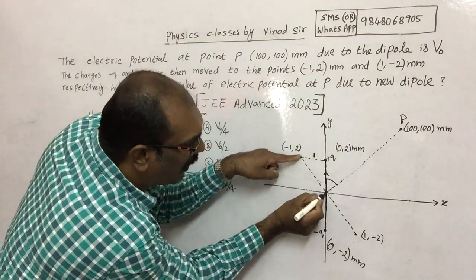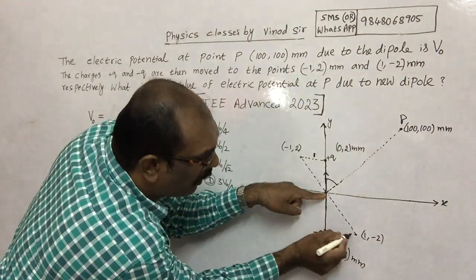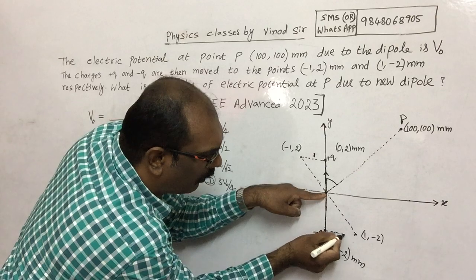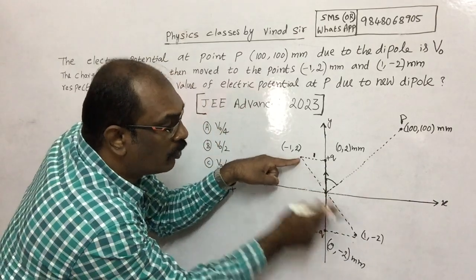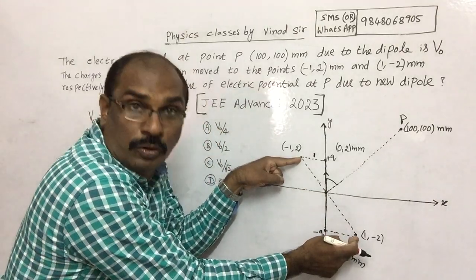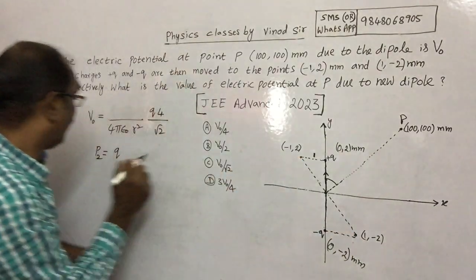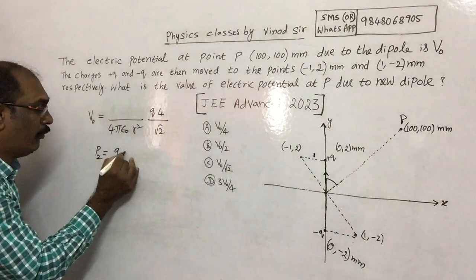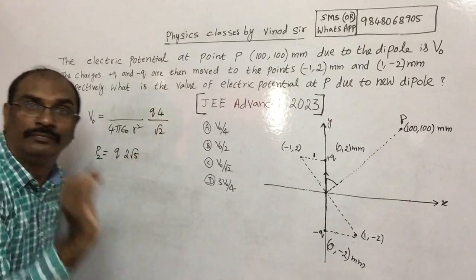From here to here it is root 5, and from here to here another root 5. So 2 root 5 is the distance between the two charges now. So the new dipole moment is equal to Q into 2 root 5.